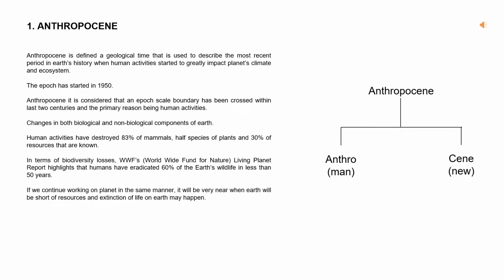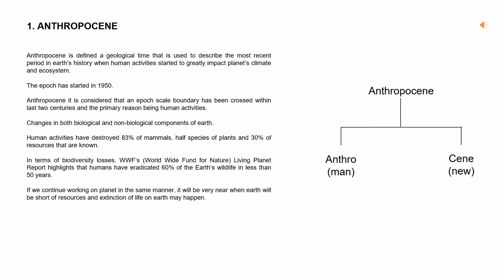Also, according to the fifth assessment report of the Intergovernmental Panel on Climate Change, anthropogenic activities are the main cause of increase in greenhouse gases. And if we talk in terms of biodiversity loss, it is said that almost 60% of Earth's wildlife has been eradicated in less than 50 years only due to human activities.